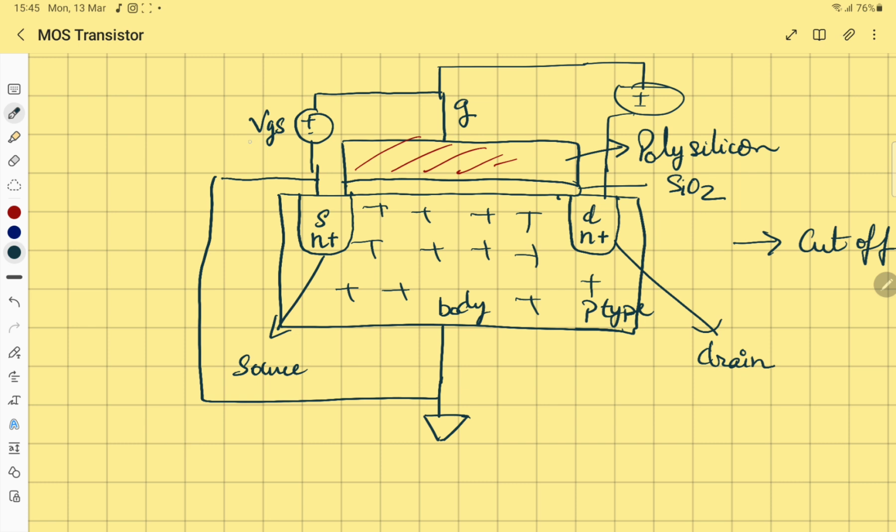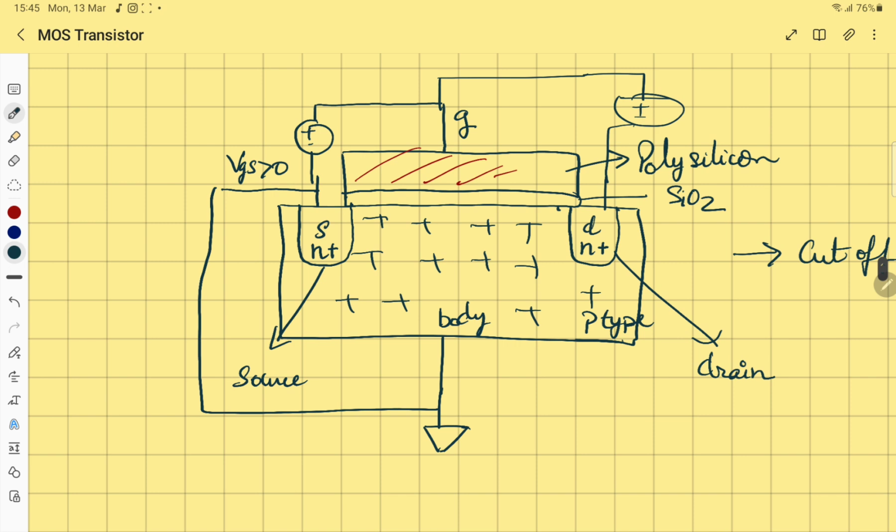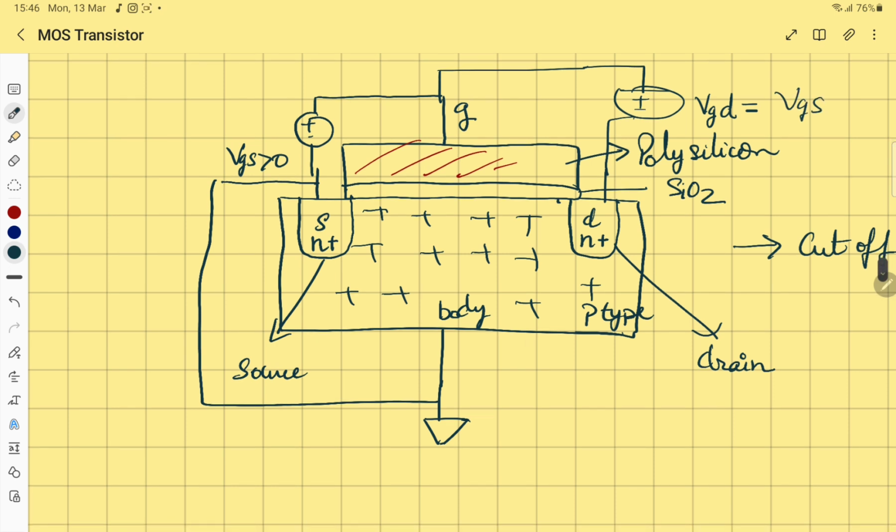So what's happening now is that we are saying that VGS is greater than zero, all right? And VDS, the difference between drain and source, is zero.